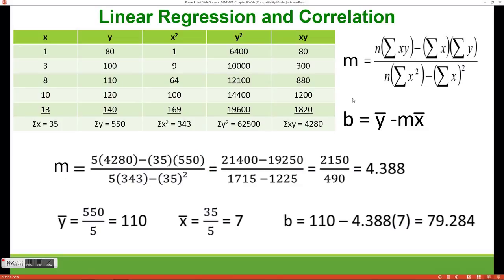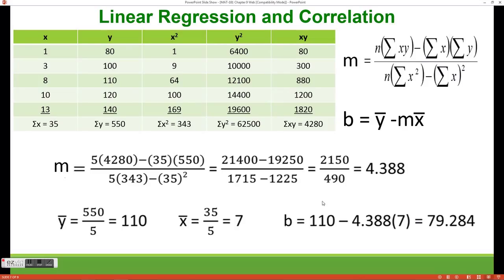The third part would be n times the sum of x squareds, which would be 5 times 343. And the fourth part would be the sum of x's squared, which would be 35 squared. Following order of operations, I should do all 4 of those multiplications first, yielding me the 4 values seen here. When I do those subtractions and divide, I would end up with a slope value of 4.388.